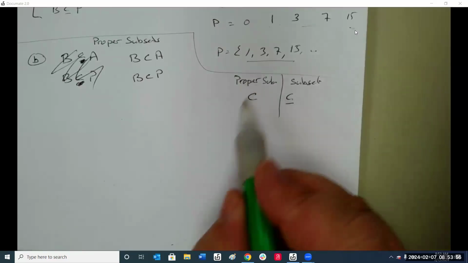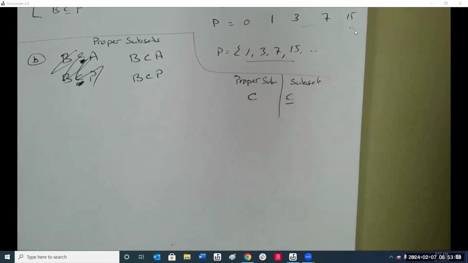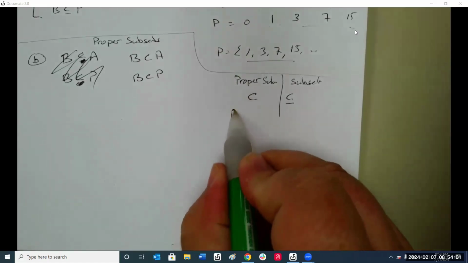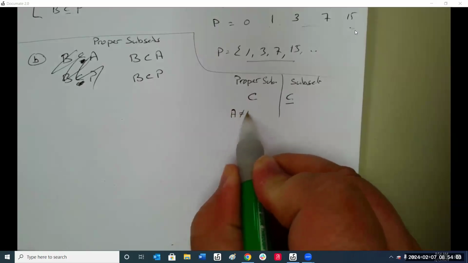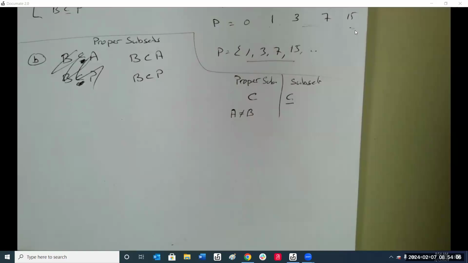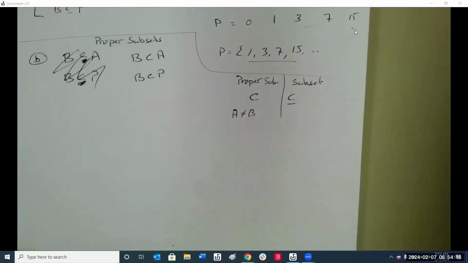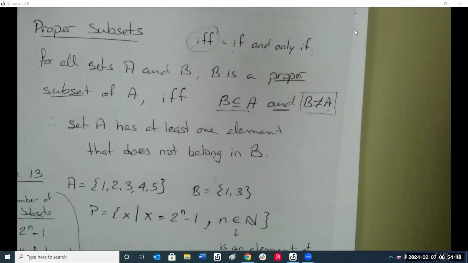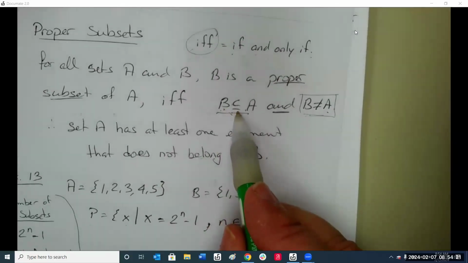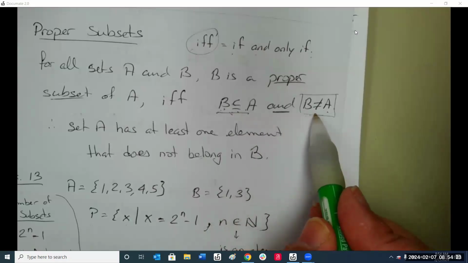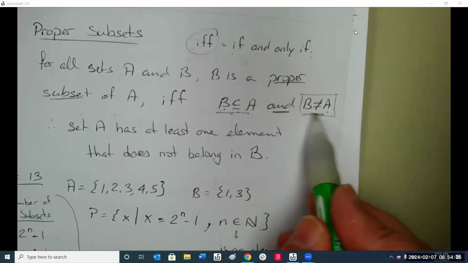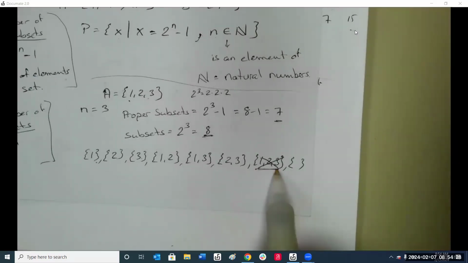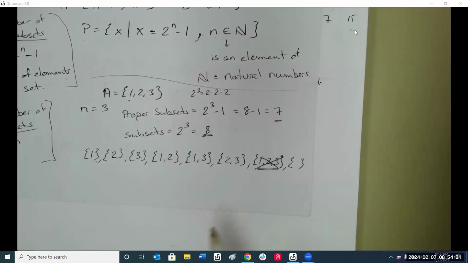For a proper subset, one set has to have at least one difference, because remember in the definition of proper subset, B is a subset of A and B is not equal to A. That means the only thing that can't be true is that I can't have all of the same elements.